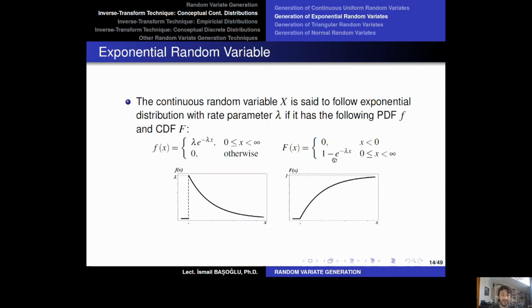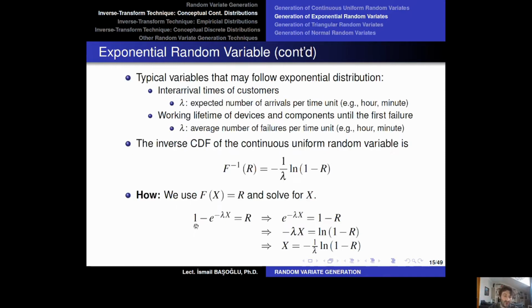Now the CDF is 1 minus e to the power minus lambda x. So again we are going to use the inverse transform theorem, and we will say that the CDF of the random variable itself, x, is going to be equal to r. So 1 minus e to the power minus lambda X is going to be equal to R.